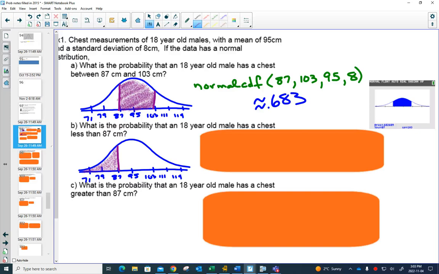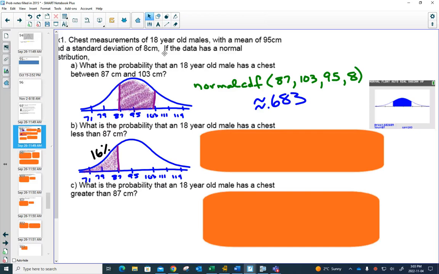So now, could you use your 68, 95, 99.7 rule to estimate this? Now, your 68 here would leave you with 32 on either side, right? So can you see that a good estimation for this one would be 16%, because you have only half of it. So that would be a way you could use the 68, 95, 99.7.